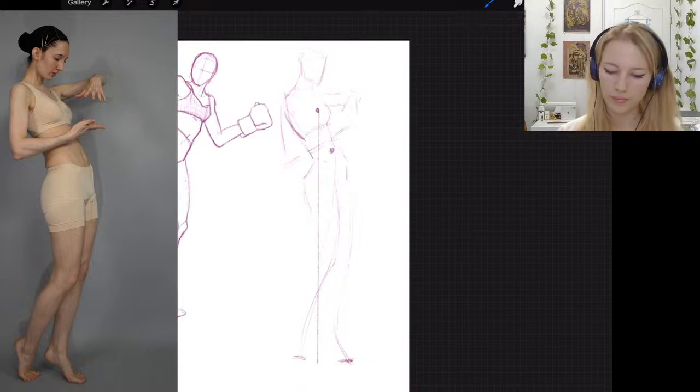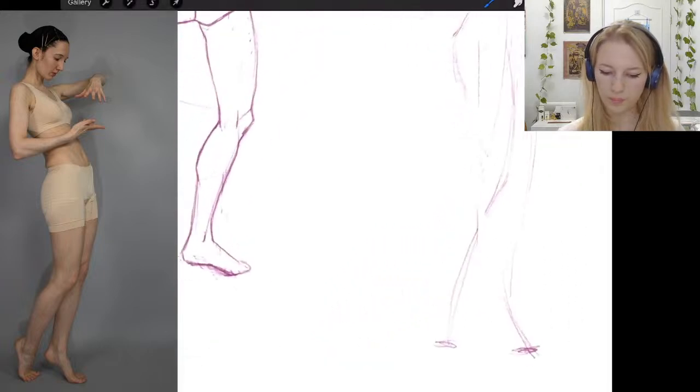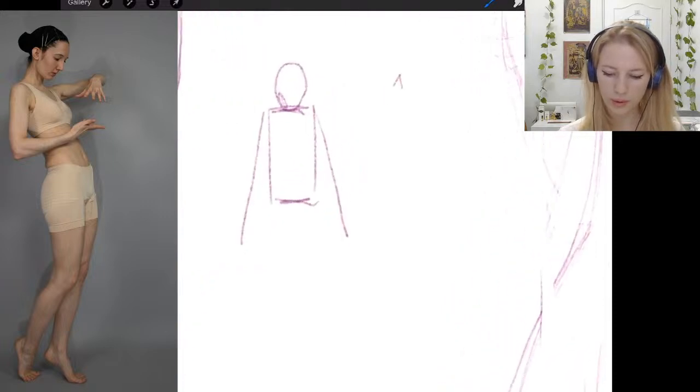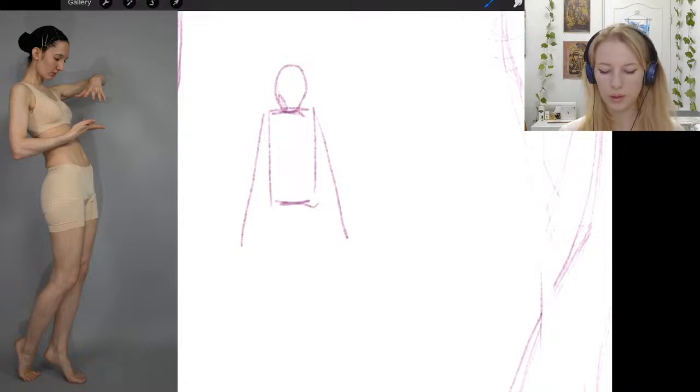So let's see what changes if we drew a person just standing still, simply speaking, like this, right? And we would just draw legs and stuff.